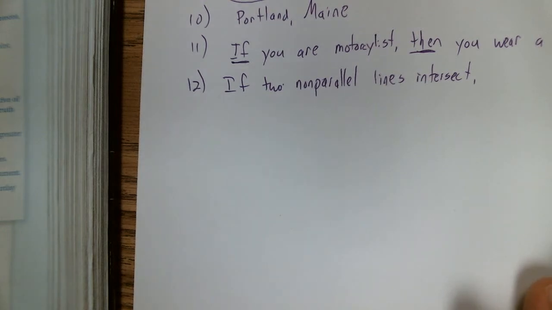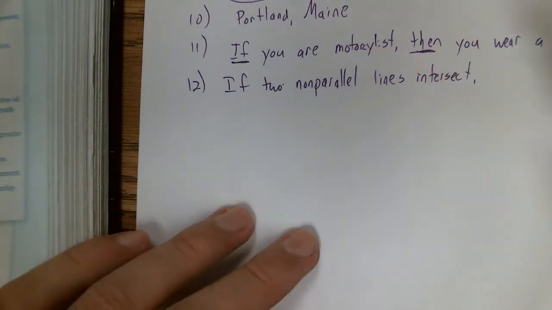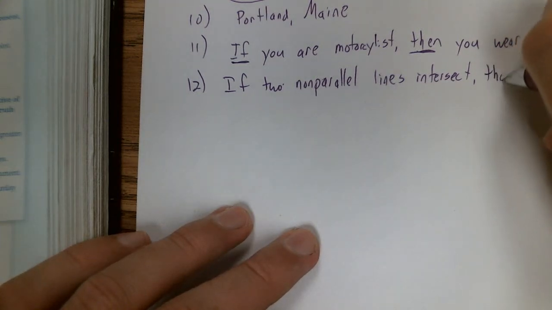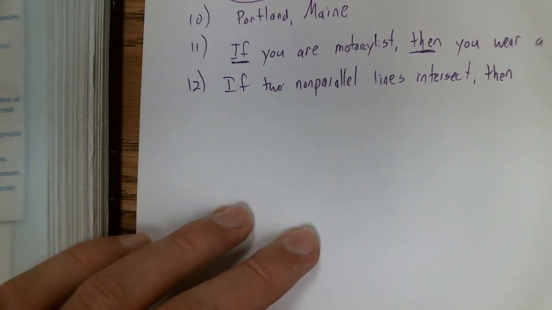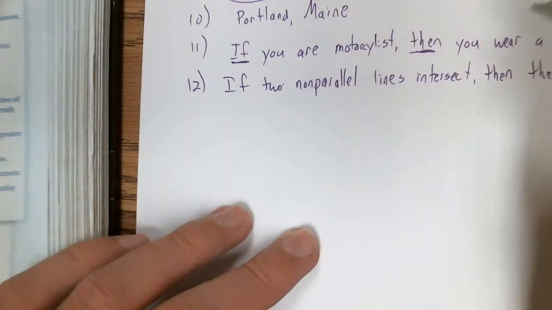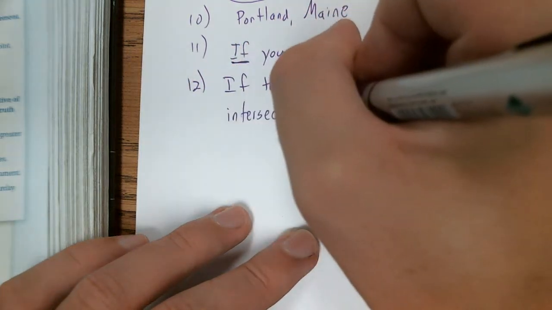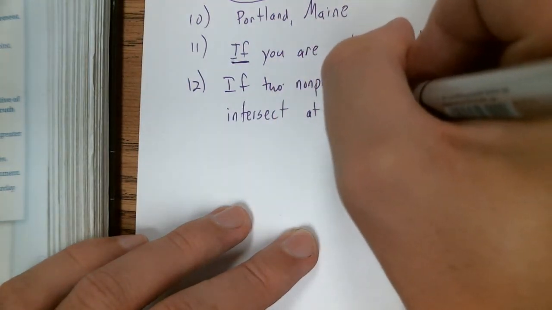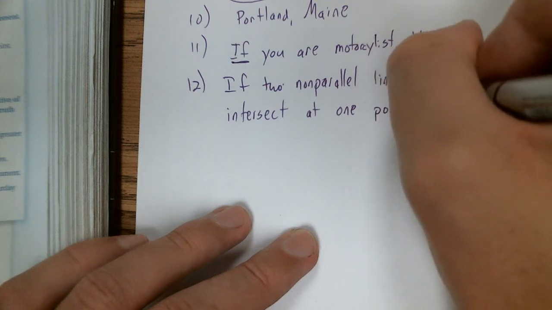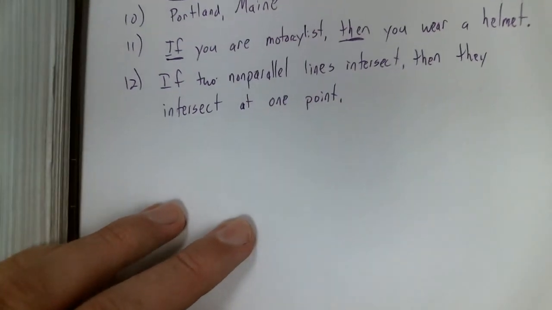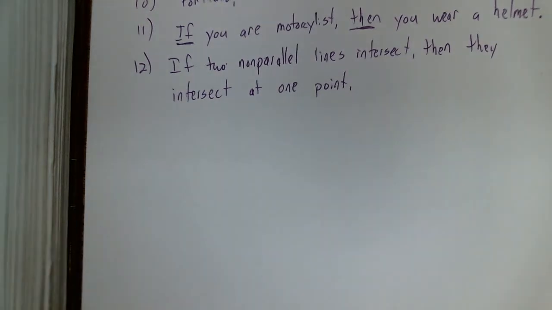How could I rewrite the second part? If two non-parallel lines intersect, then they've got to meet at a point. I could literally use that, or I could use the word intersect again. How about this? If two non-parallel lines intersect, then they intersect at one point.